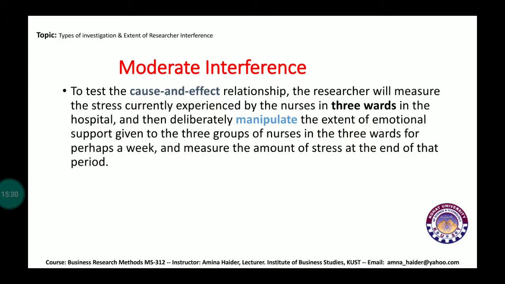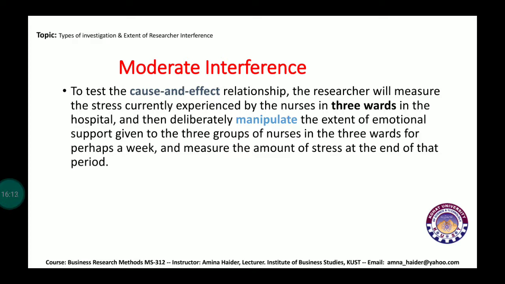So here we find that not only does the researcher collect data from nurses on their experienced stress at two different points in time, but also manipulated the normal course of events by deliberately changing the amount of emotional support received by nurses in two wards while leaving things in the third ward unchanged. Here, the researcher has interfered more than minimum.